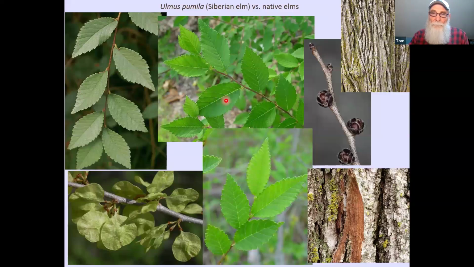There is a little one, but you'd be measuring just the blade, and the blades on Siberian elm are generally always going to be less than 7 centimeters or about 2.5 inches. So the leaves are distinctively smaller than the native elms. On the native elms, they're longer than 7 centimeters, 2.5 inches, and can even be more than that, of course.